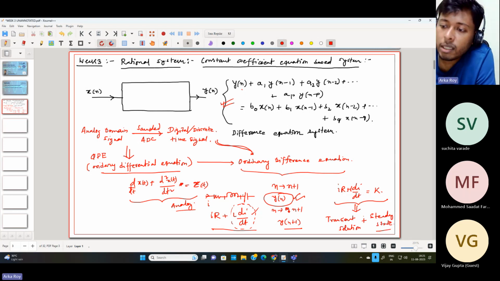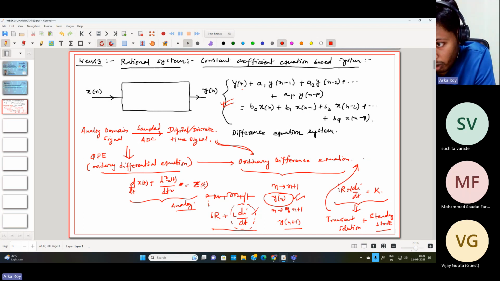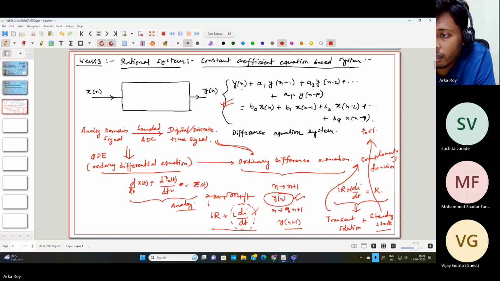So in engineering mathematics, one is called the transient, another is called the particular integral. In terms of engineering mathematics, the transient solution is basically called the complementary function. And this one, the steady state solution, is basically called the particular integral. So I'm just drawing some analogy.